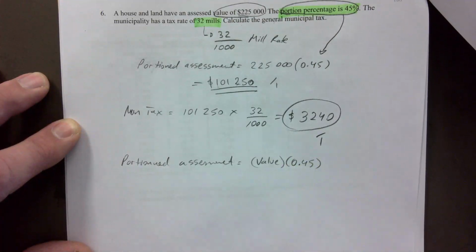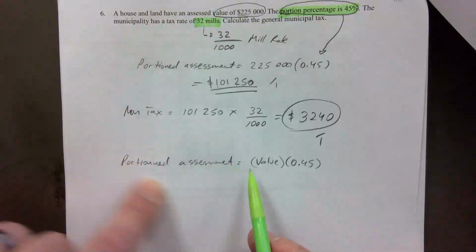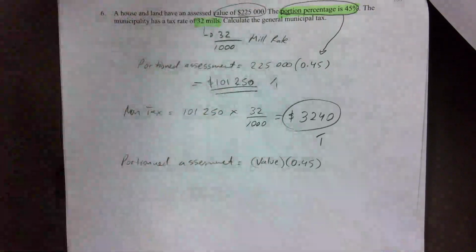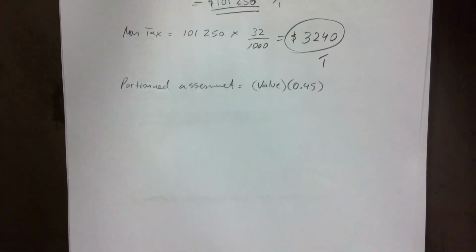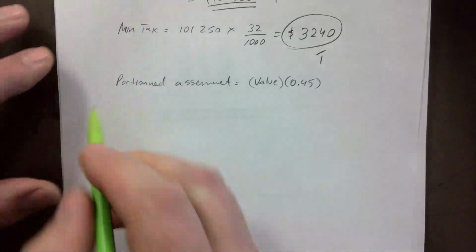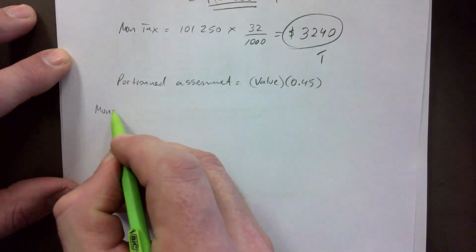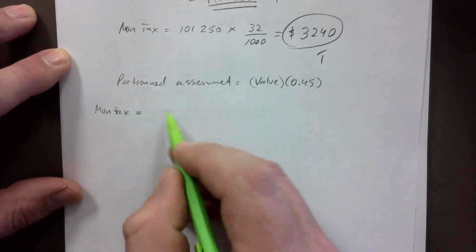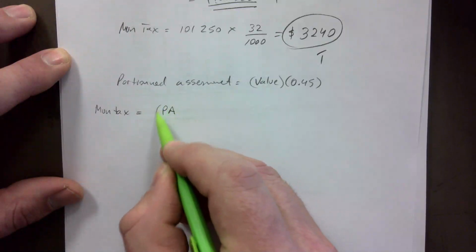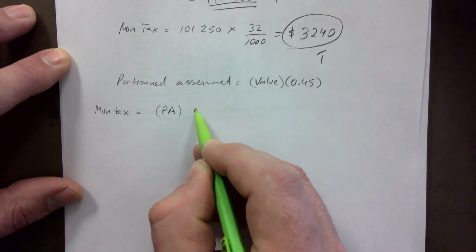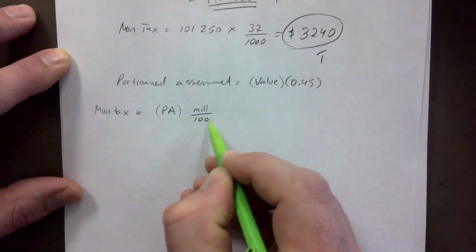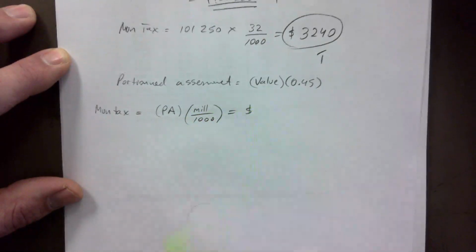That's normally what happens, but sometimes they give you this amount, then there's no need to do that. Then these are the portions that can come up. The municipal tax: portioned assessment times a mill rate divided by 1,000. You get a number there.